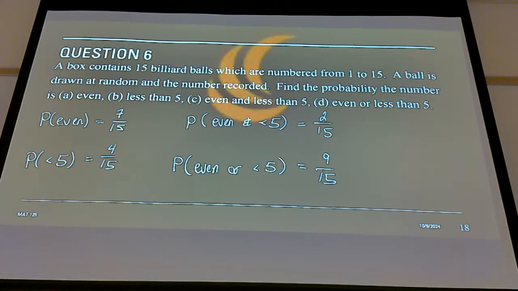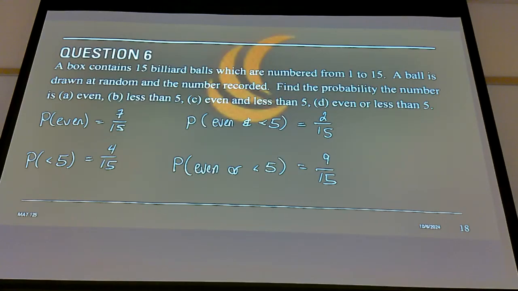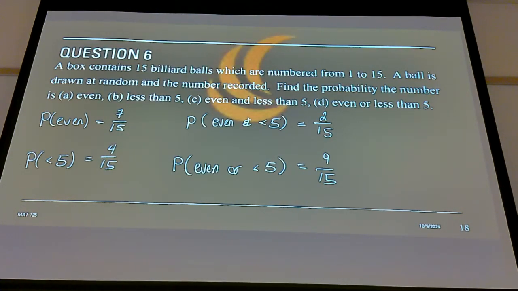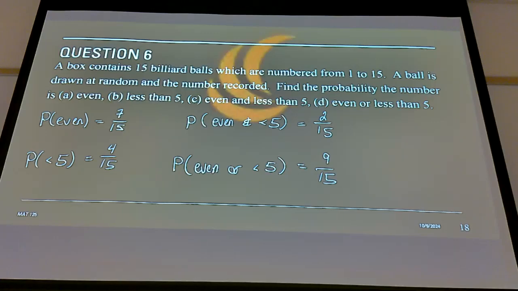So even or less than 5, so we have to count everything that satisfies that. Less than 5, you have 1, 2, 3, and 4. Now you want the even numbers. Evens 2 and 4 you already counted, so don't double count them. Then 6, 8, 10, 12, 14.